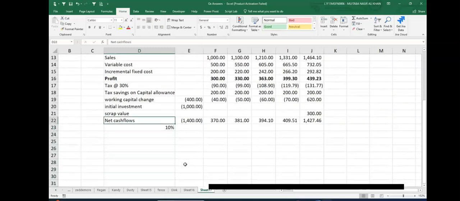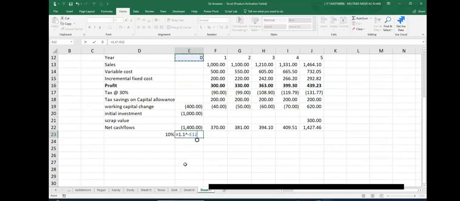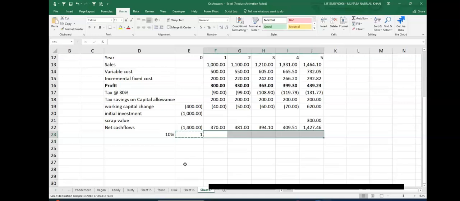One way is to write the discount factor in every year. That is 10%, meaning 1.10 raised to the power, link it with the year. That is one way of solving it.